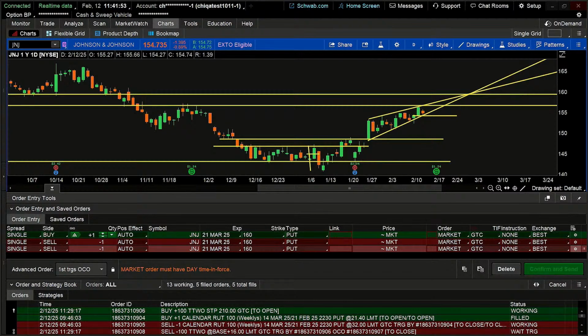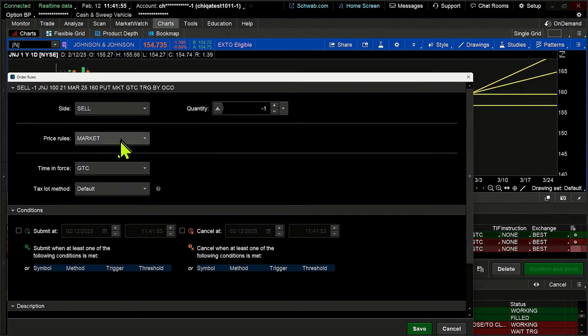So we'll click on the gear icon and we will go back here. We'll make that good till canceled. If this goes back to mark at or above 156.78, okay, 156.78 is now our exit price on the stock, triggering the order on the option.